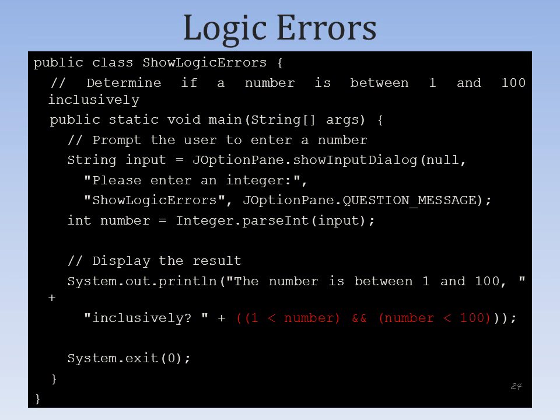So that's a logic error. And again, if I did some desk checking, I could catch that error before I tried to run my program and gave the user wrong results.